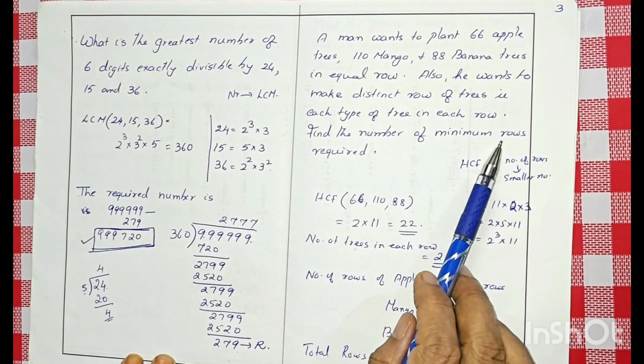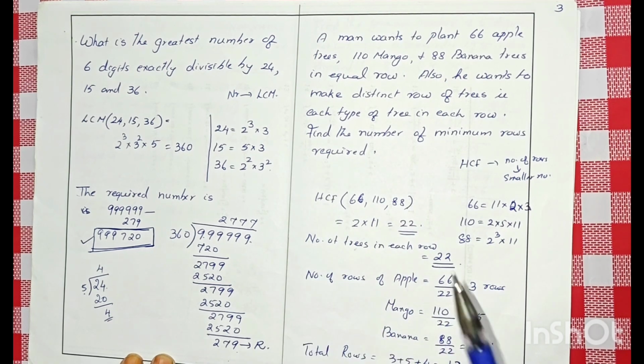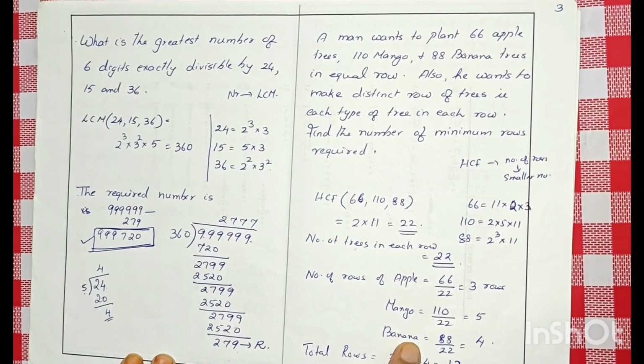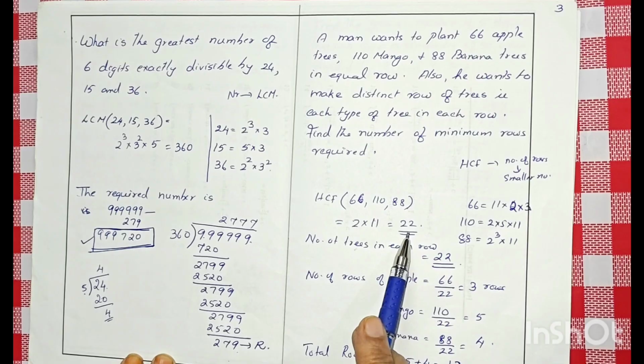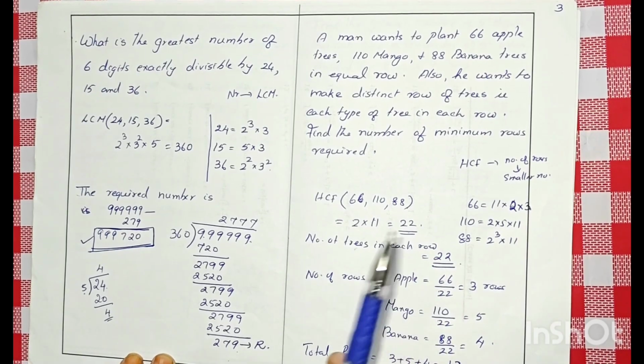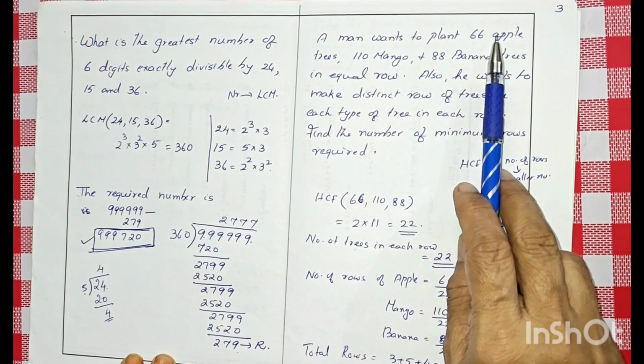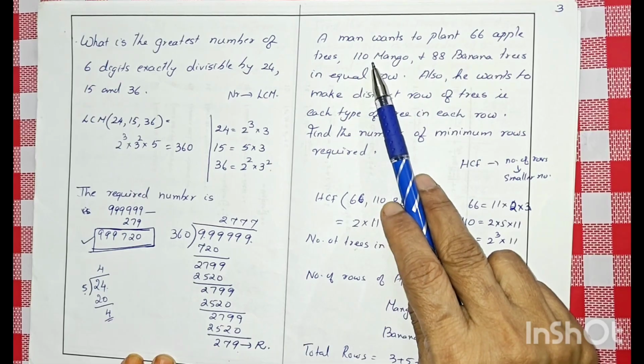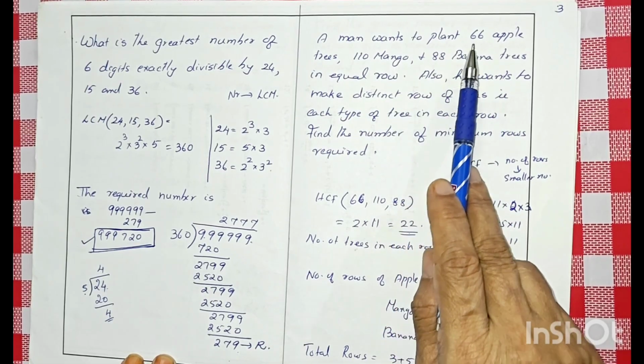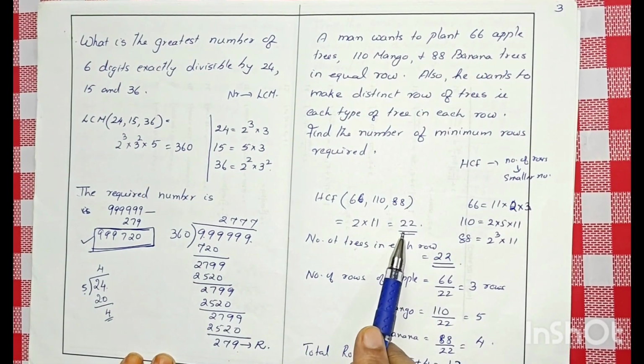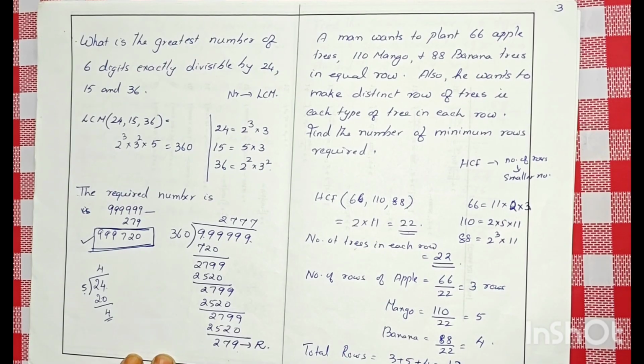But they have asked you to find the minimum rows required. So you have to go for this. So what you got, HCF 22 is not the rows, it is a number of trees, because we are taking 66 apple trees, mango trees and banana trees. We are finding the HCF. So what you are getting is the number of trees. Hope it's clear.